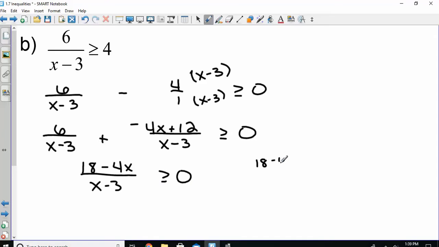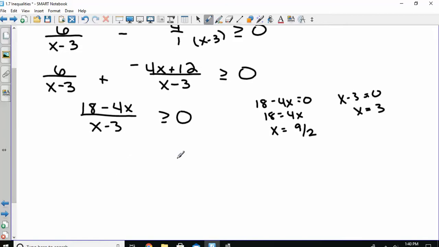So we need to know what makes top and bottom equal 0. And we have a 3. And then 9/2.